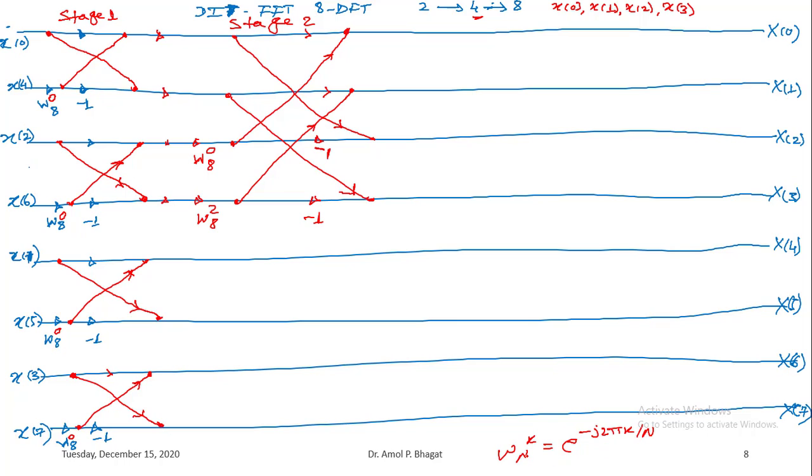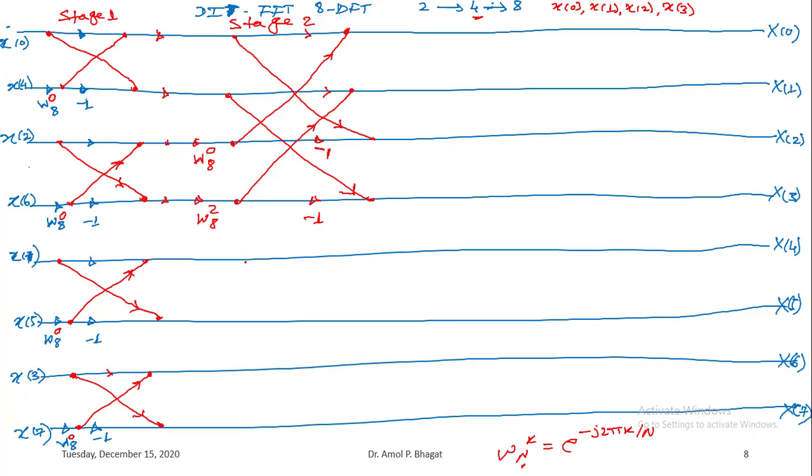If it is W82, the value of N is 8 and the value of k is 2, so it will be e to the power minus j 4 pi by 8. So it will simply be minus j pi by 2, right?